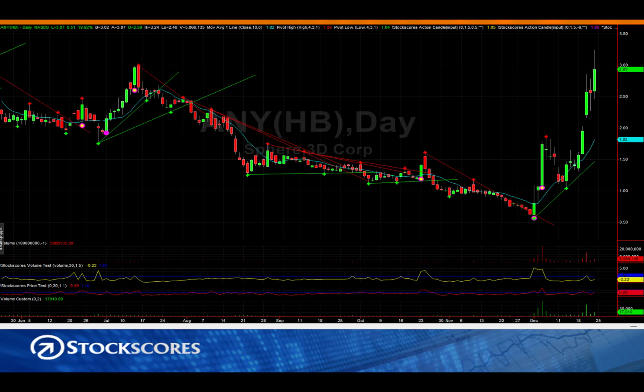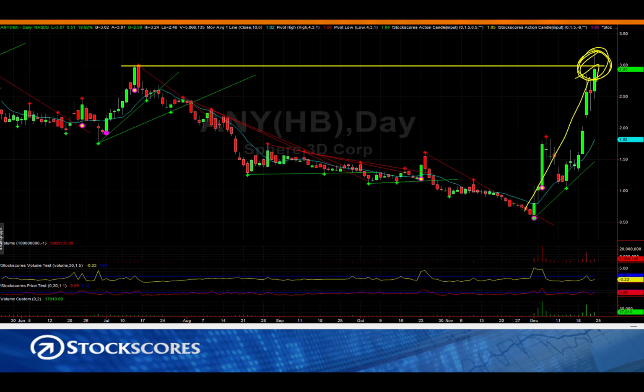Now on the daily chart, it's coming into resistance. So it's overbought and coming into resistance. So the daily chart says it's going to stop going up because it's rallying up into resistance and it's overbought.